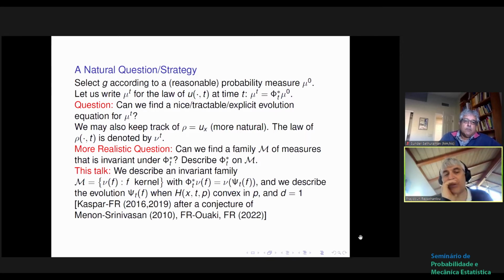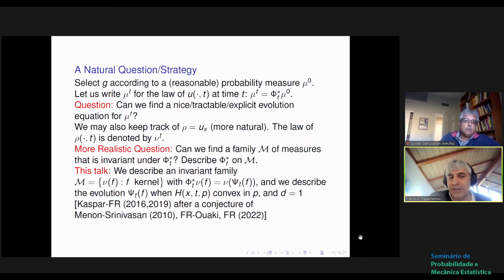I want to give you a general picture of the type of things that we will be able to prove in certain cases. We introduce a family of probability measures that are parameterized by a kernel. F is that kernel.